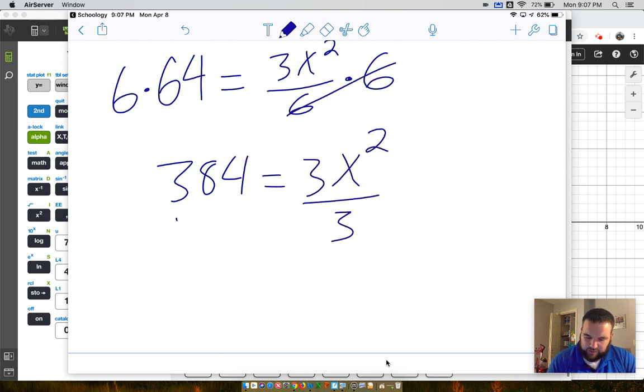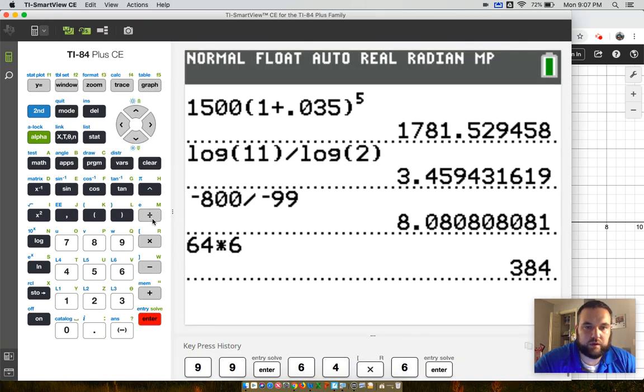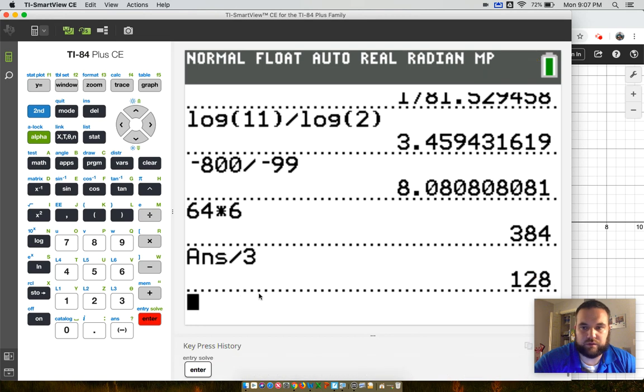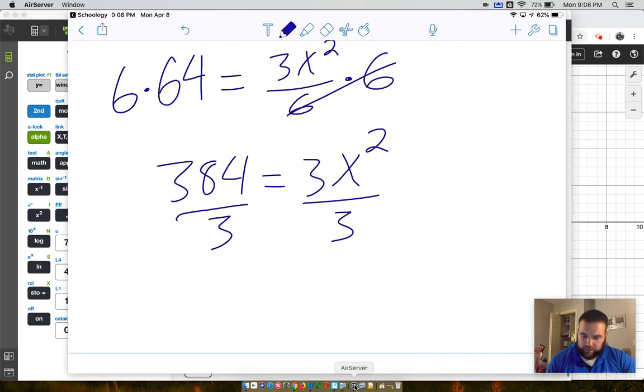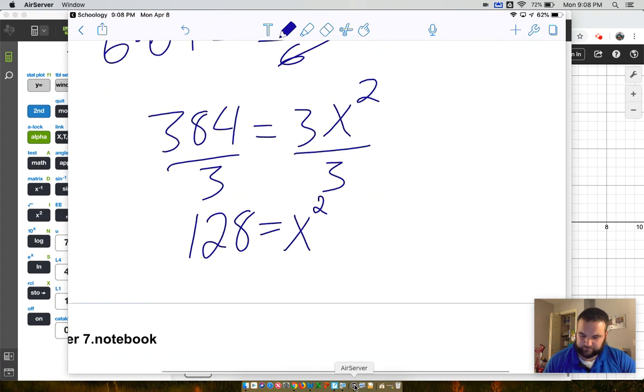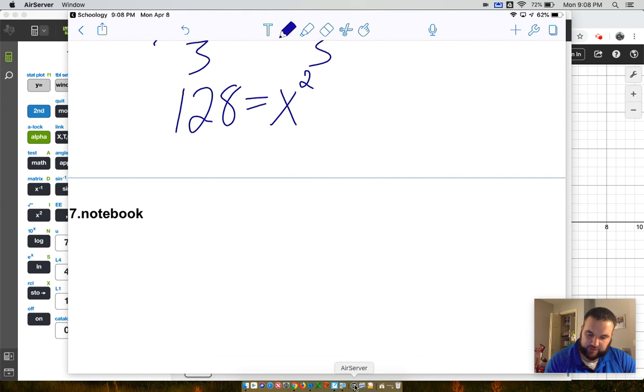I'm then going to divide by 3 on both sides. I should know what that is. 384 divided by 3 is 128. So I got 128 is equal to x squared. Finally, to wrap this up, I'm going to square root both sides.